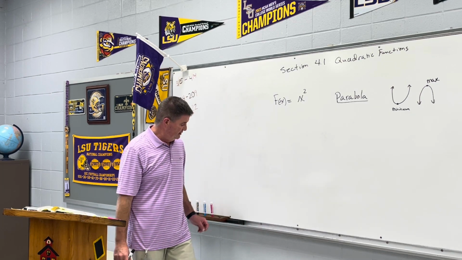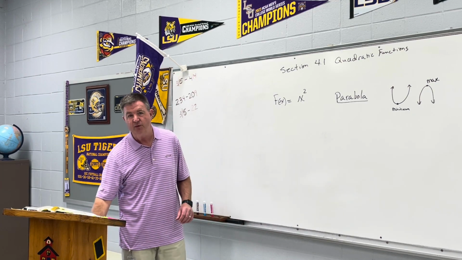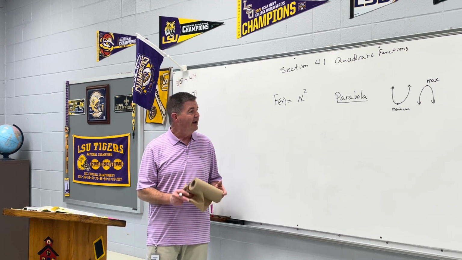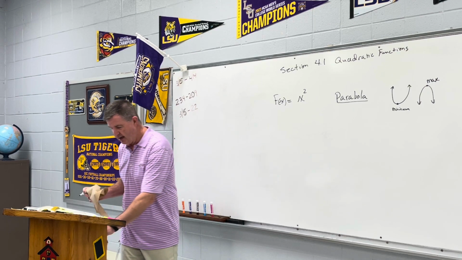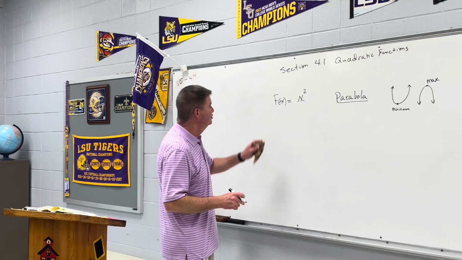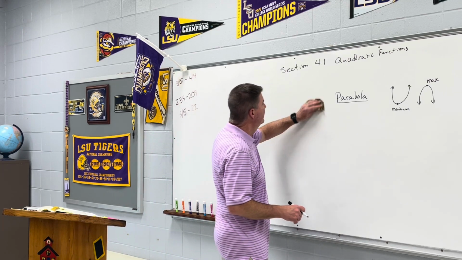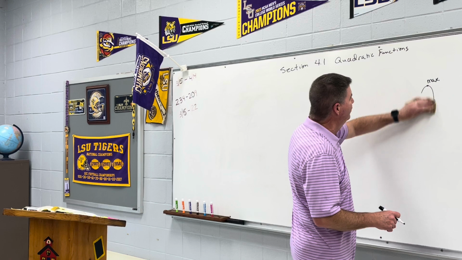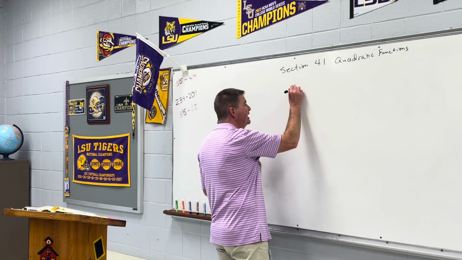So what we want to do today is look at the different equations for a parabola or for a quadratic function. The first one we're going to have is called the standard form.